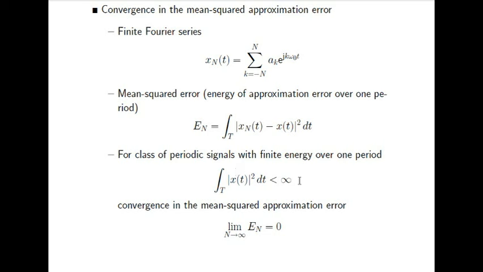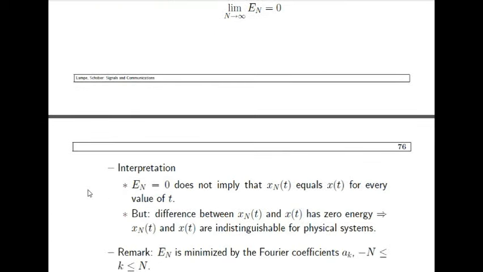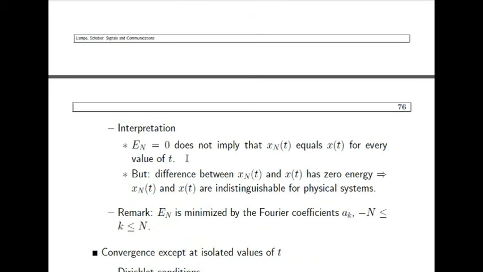This is the mean squared approximation error. What does it mean that E_N is 0? E_N equals 0 does not imply that x_N(t) equals x(t) for every value of t. The difference between x_N(t) and x(t) has 0 energy. So this was the mean square term which I told you.